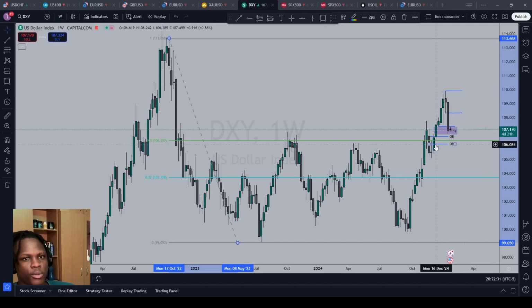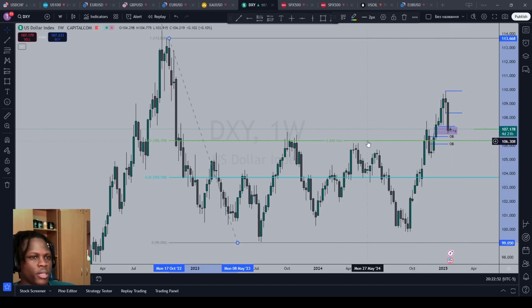So if the market is supposed to drop, there's a high chance it will drop to here, which is my 72 Fibonacci retracement level. So there's a high chance the market wants to retrace to this.